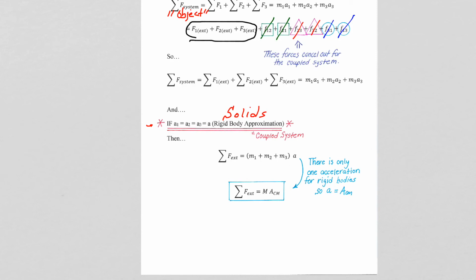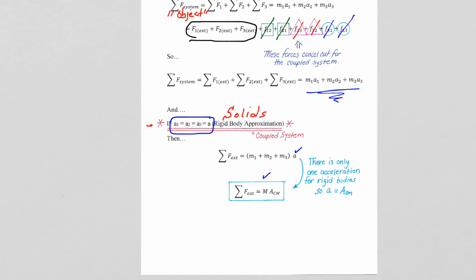It's a solid. In that case, there is no A1, A2, A3 subscript needed because they all have the same acceleration. When they all have the same acceleration, then we can factor all those A's out up here and just get 1A. We have M1 plus M2 plus M3 is our total mass.